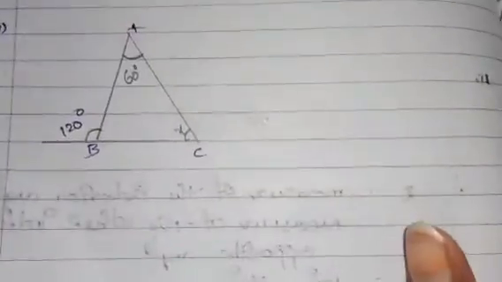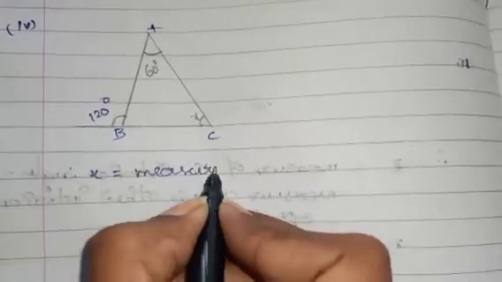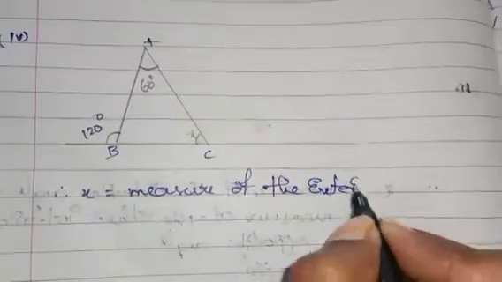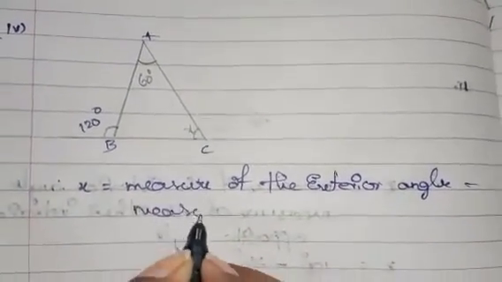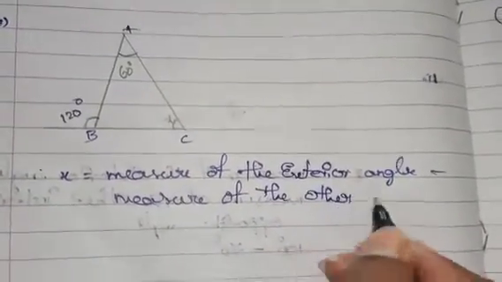Now the next one. Here is one triangle with the exterior angle and one interior angle. We have to find the other interior angle. From the properties, what is our formula? Therefore x is equal to the measure of the exterior angle minus the measure of the other interior opposite angle.